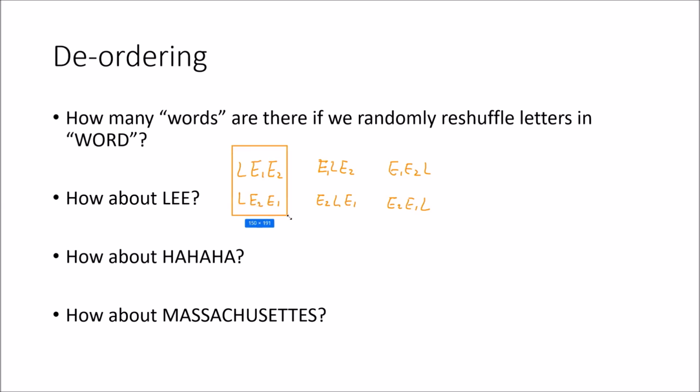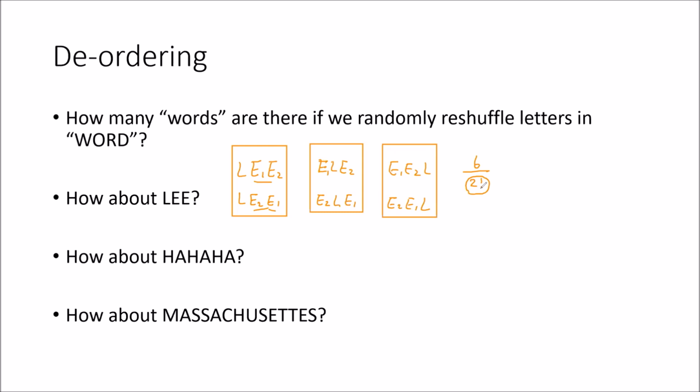If the E's are the same, then these two will be considered as one word, and similarly, these two would be considered as one word, and these two would be considered as one word as well. So now you see each order of the 2 E's will be considered as only one outcome, one word, when the 2 E's are the same. So you have 6, which is 3 factorial, divided by 2 factorial.